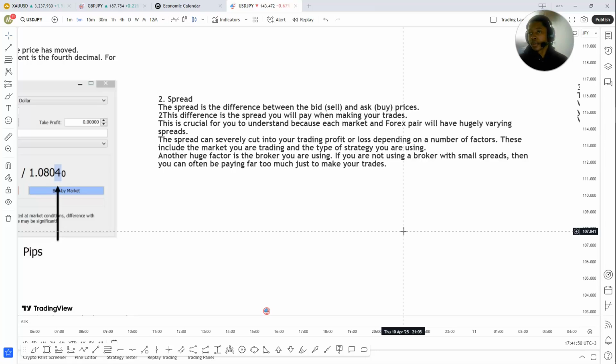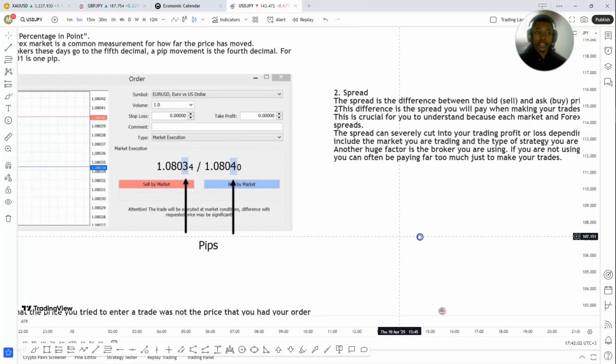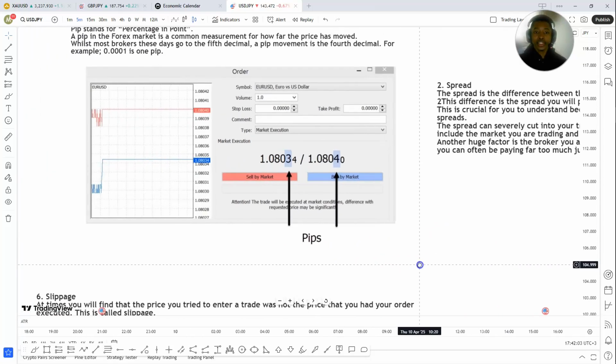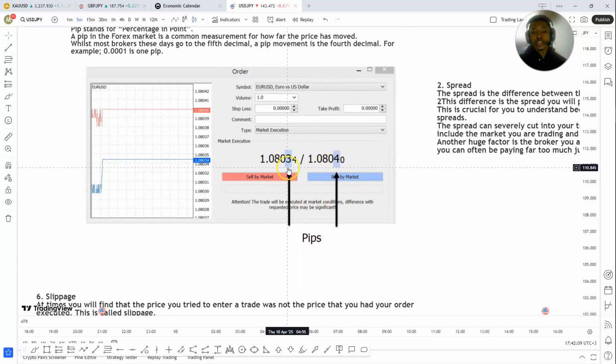Especially if you're scalping, you might be looking for 5 pips, and when a broker has a 2 pip spread, it won't be in your favor. It will be very disadvantageous for you. Looking at this example, this broker's sell price is 1.0803, whilst the buy price is 1.0804.